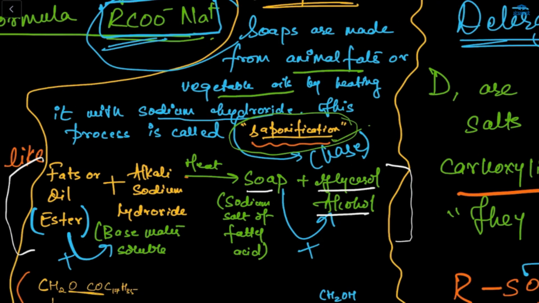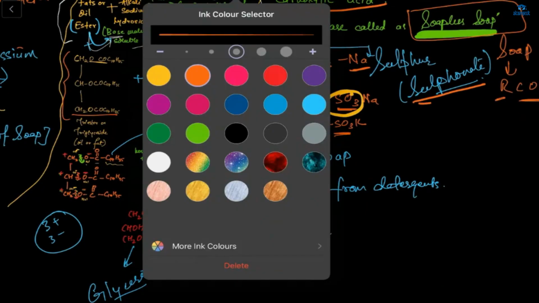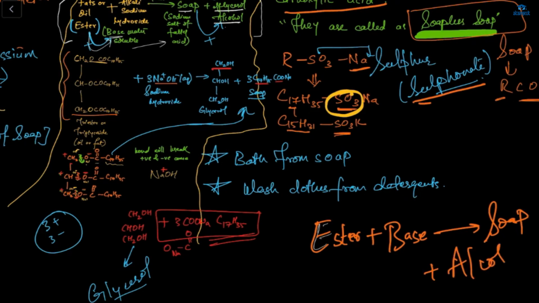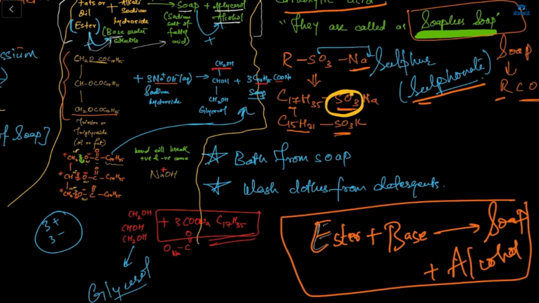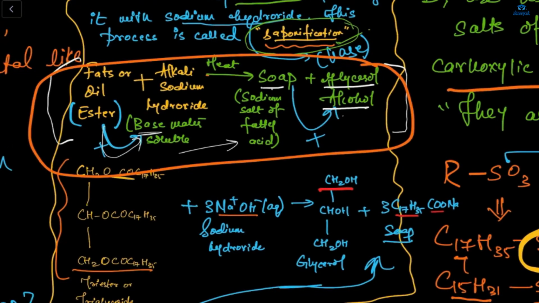In a simple way, you can say that when ester is added with your base, it will form soap and alcohol. This is a very easy way of remembering this equation. Ester plus base gives soap and alcohol.